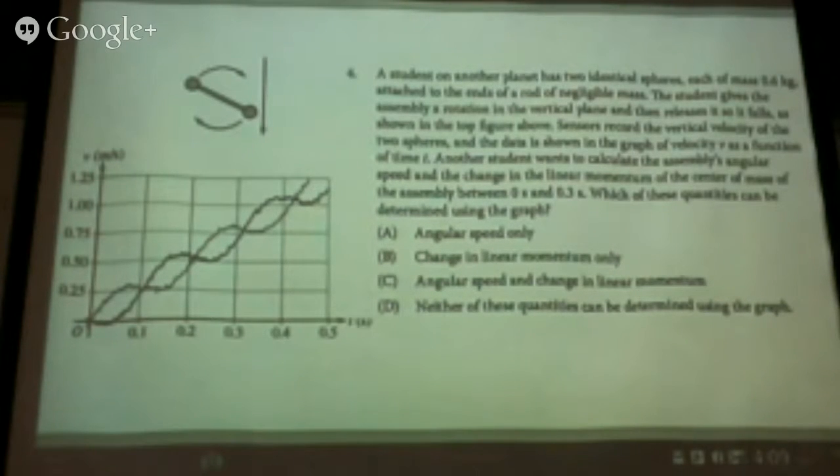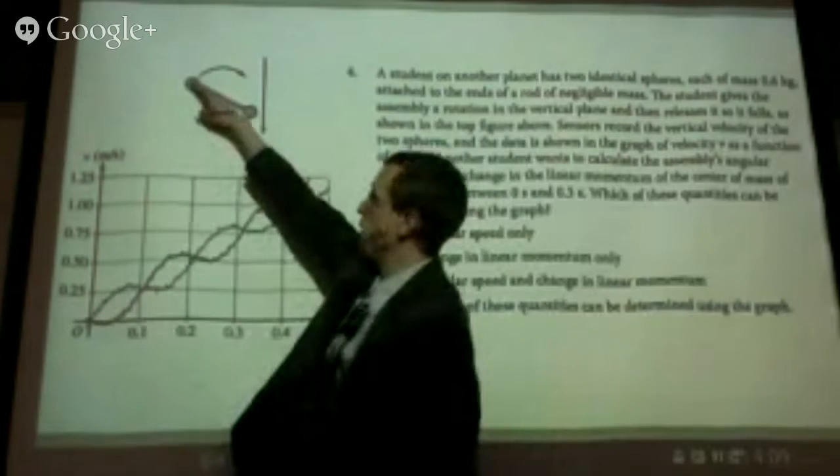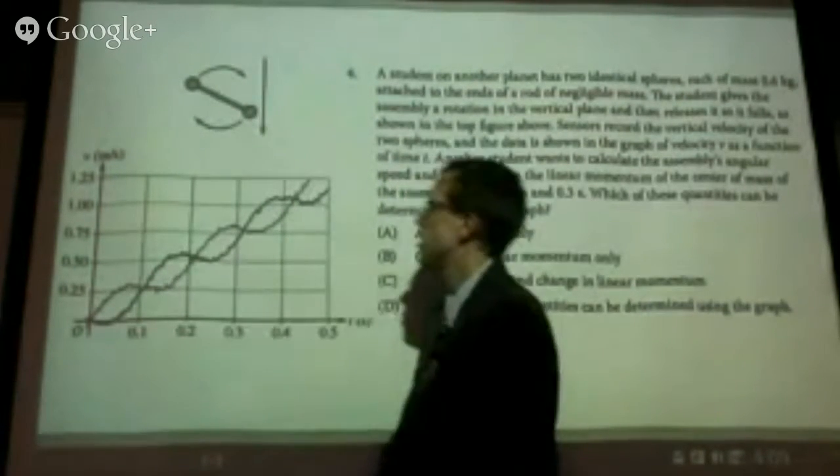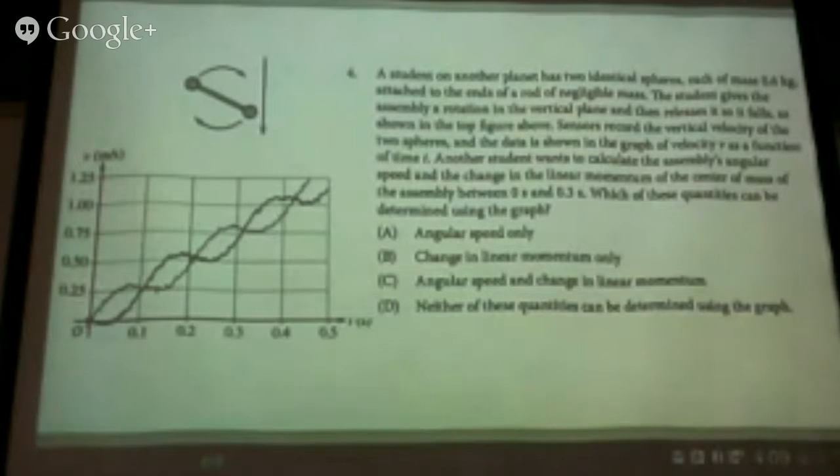So I've identified 2 points where it's moving downward. It moves downward in this case when it gets all the way over to the right side. That's when it's moving down the most. And so those 2 points on the graph are going to be where it's at that position on the far right side. In between those 2 points, it made one complete revolution.